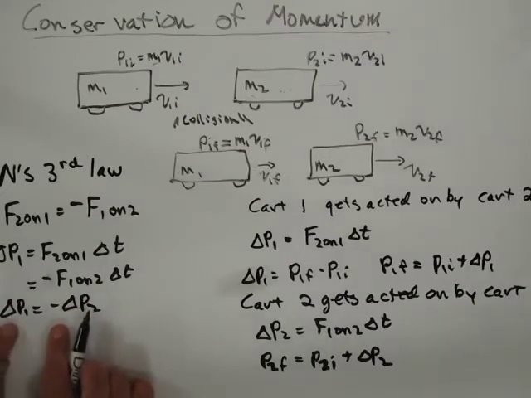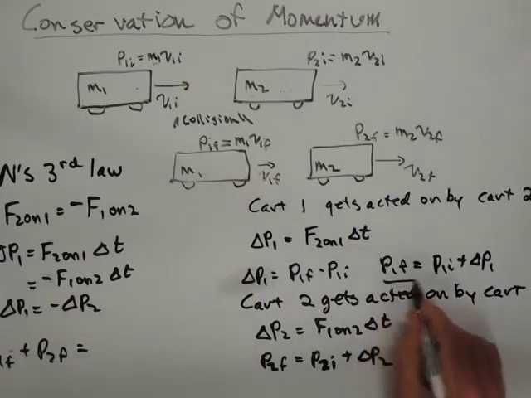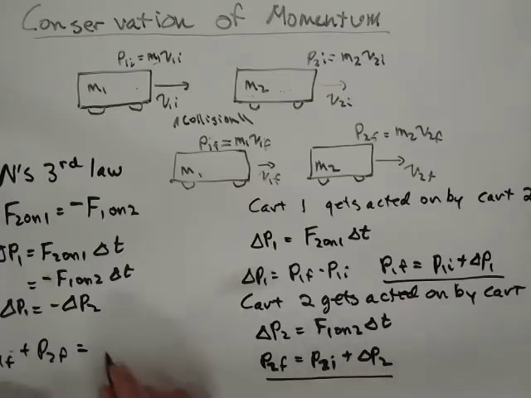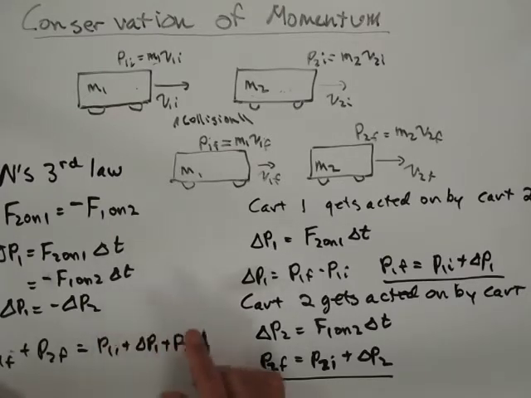So, if delta P1 is the same thing as minus delta P2, then I can say, look, P1 final plus P2 final is equal to, I'm just going to take this guy and this guy, P1 initial plus delta P1 plus P2 initial plus delta P2.